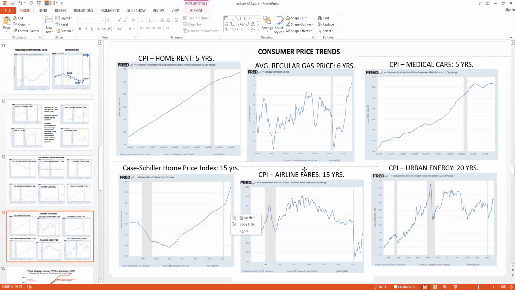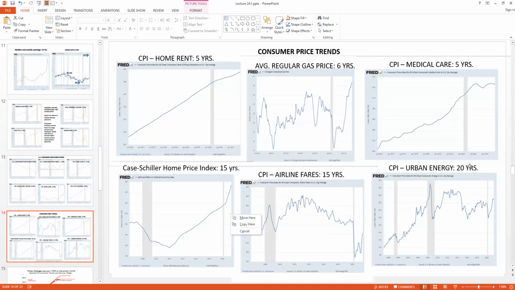The demand for air travel has declined, and with it, the price for air travel. It's begun to recover now, the fares have, but air travel has a long way to go before it gets back to normal.